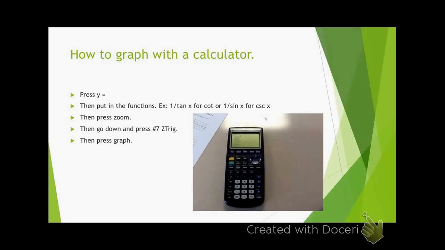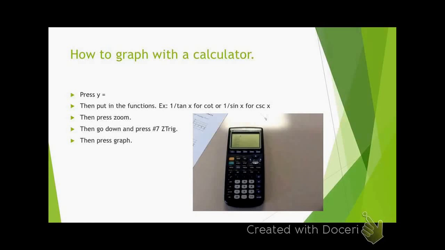Examples for these kinds of things are 1 over tan x for COT, or 1 over sine x for CSC x, to put in the calculator.